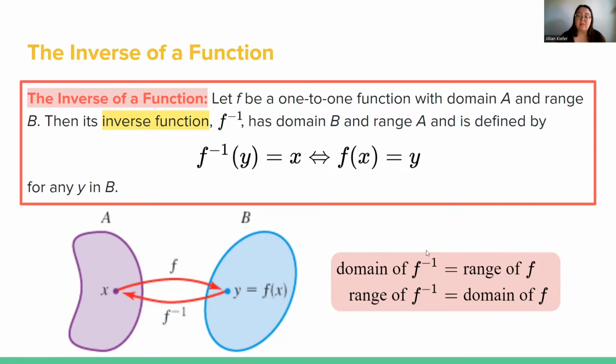The domain of f inverse is the same thing as the range of f, and the range of f inverse is equal to the domain of f. So we see domain and range are flipped for inverse functions. Similarly as functions take in inputs to give us outputs, inverse functions take in outputs to give us inputs. So they're working in the opposite way. One is solving for x, the other is solving for y.